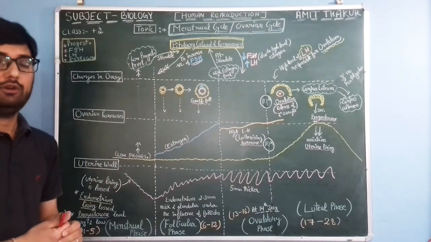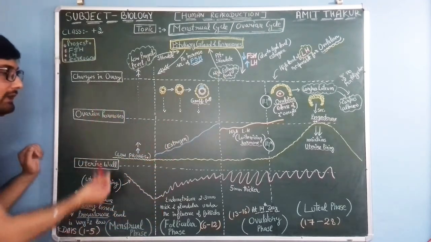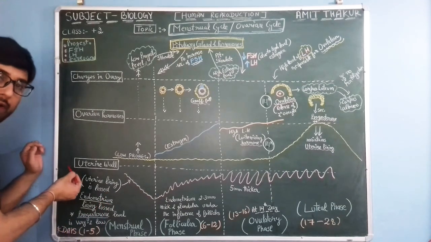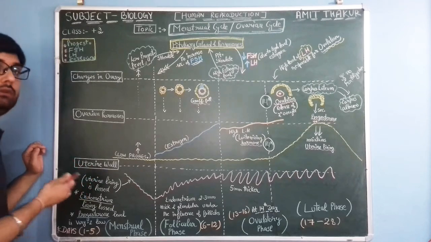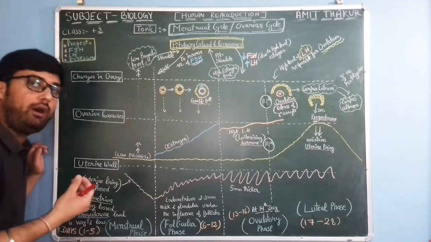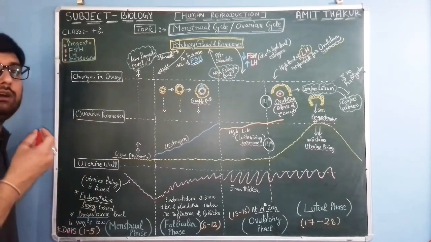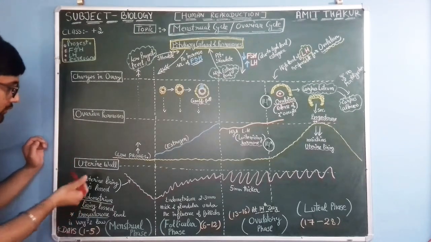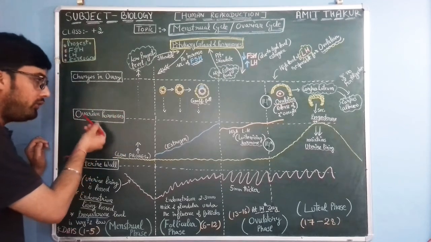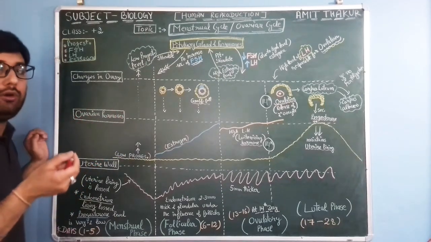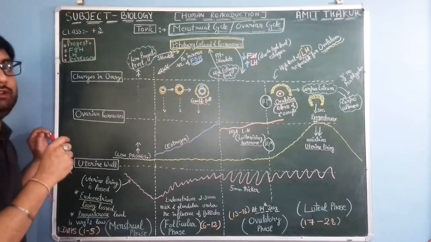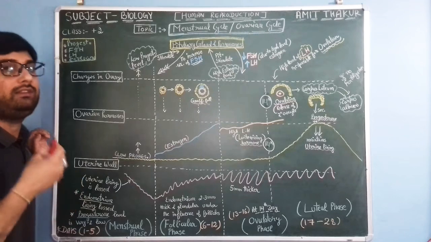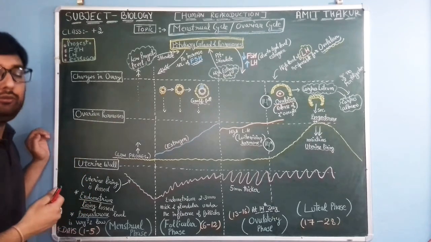Okay. So in this diagram you can see we have written uterine wall. Through this we will come to know what changes occur in the uterine wall of the female reproductive body, the ovarian hormones, meaning their secretions and levels during this cycle, and the changes in the ovary.